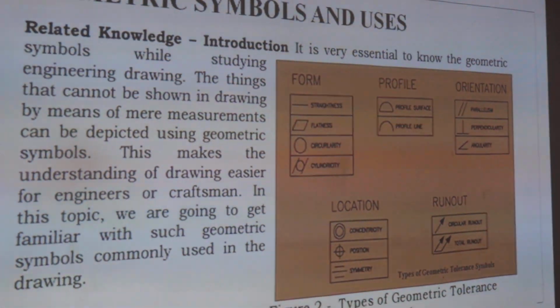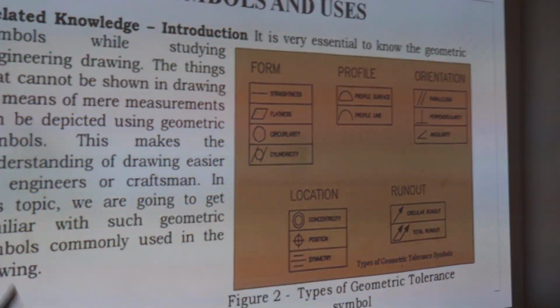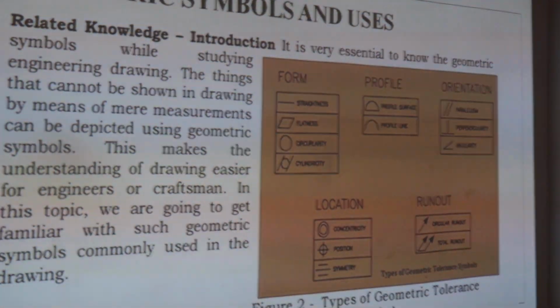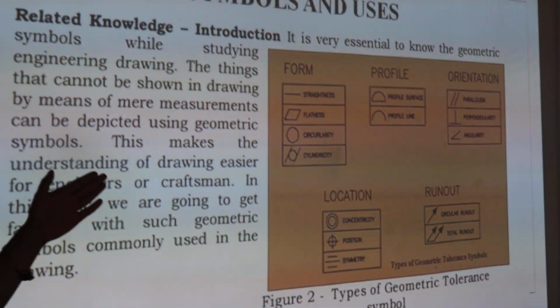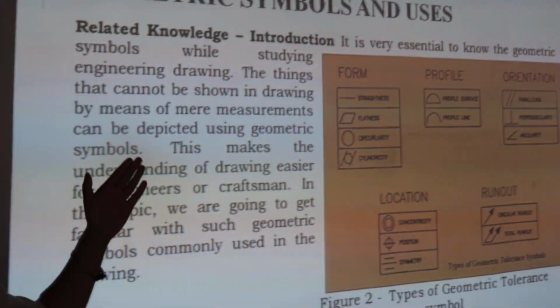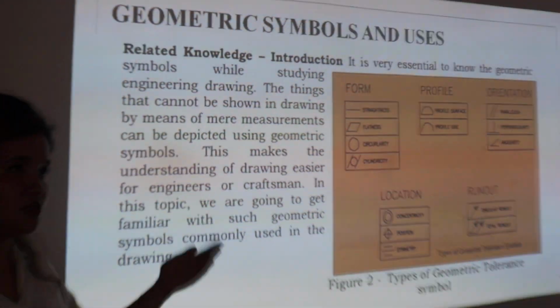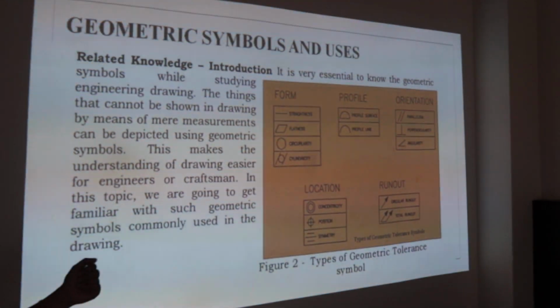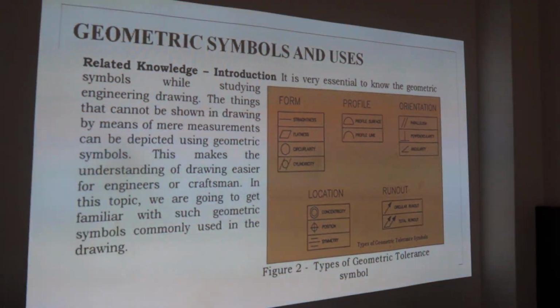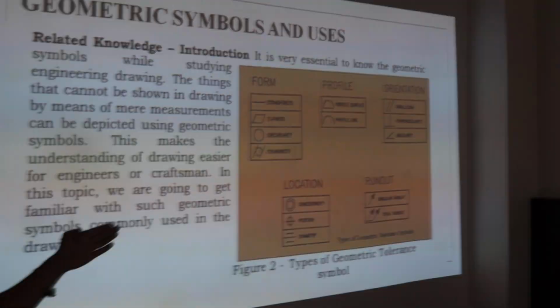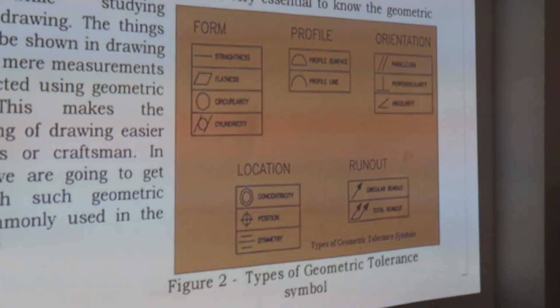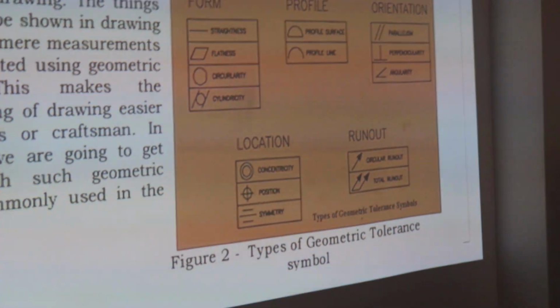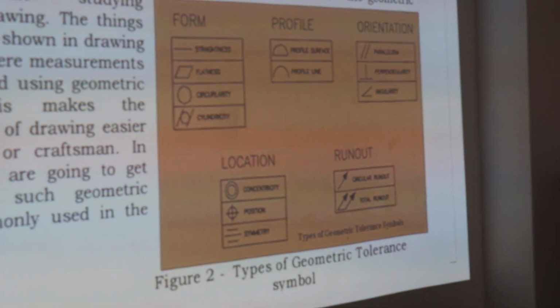For orientation you have parallelism, perpendicularity and angularity, which you have done in your geometry chapters in your class. For location you have concentricity, and also position, and also symmetry.